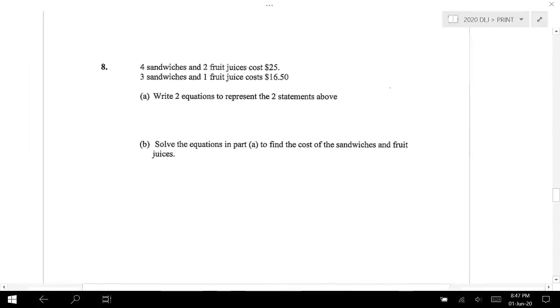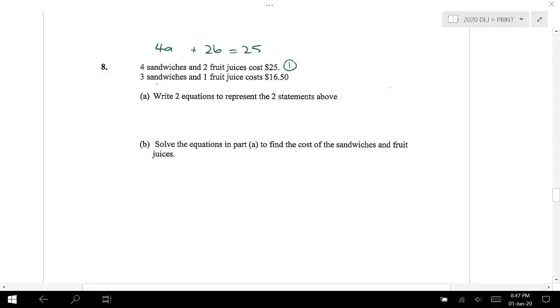Right, 4 sandwiches and 2 fruit juices cost $25. So this is actually a simultaneous equations question. I'll just use A and B. 4A plus 2B equals 25. That's equation 1.